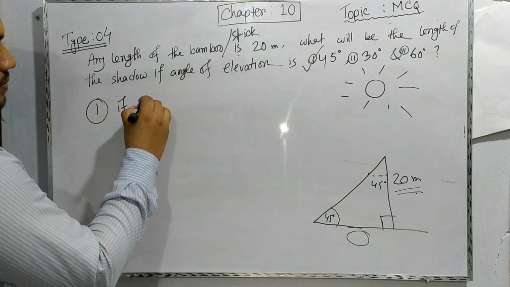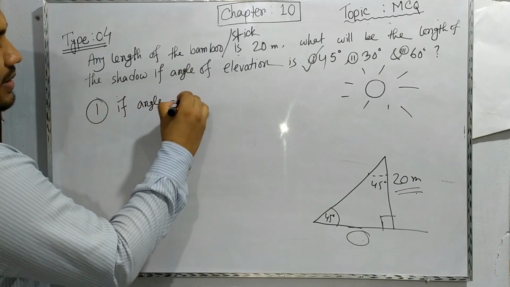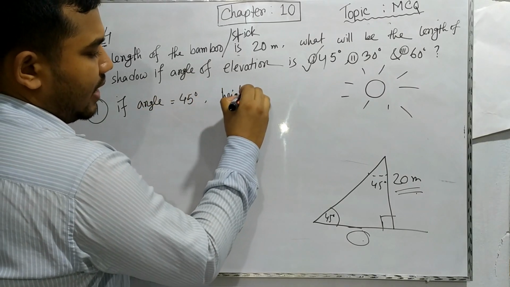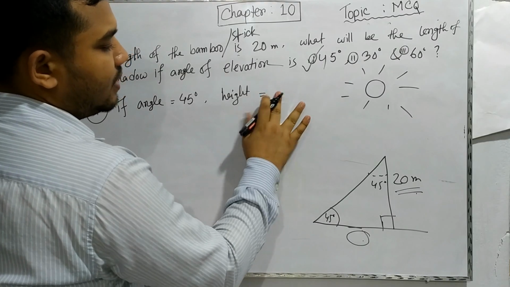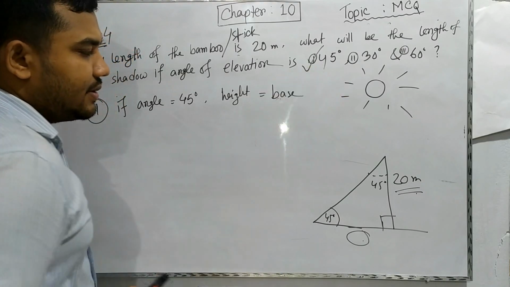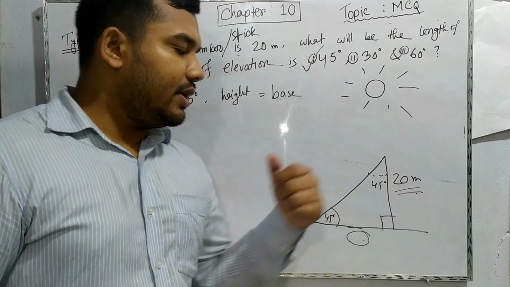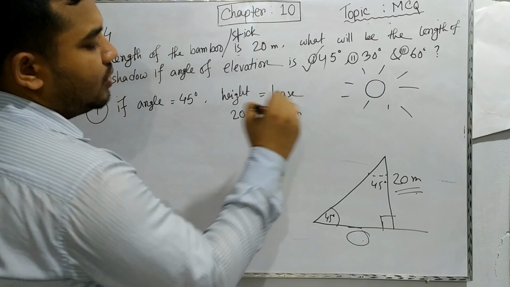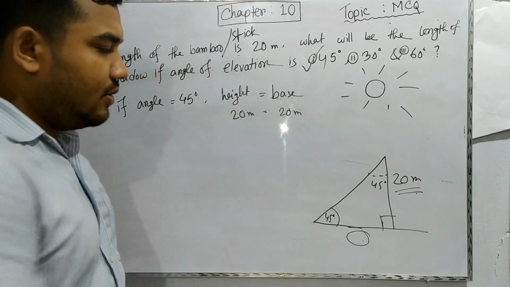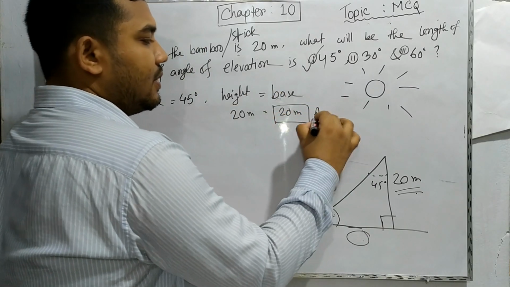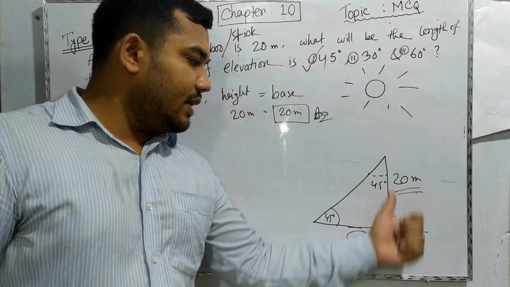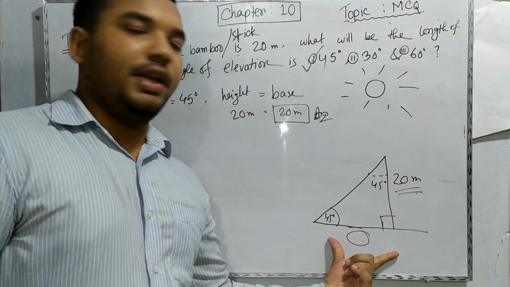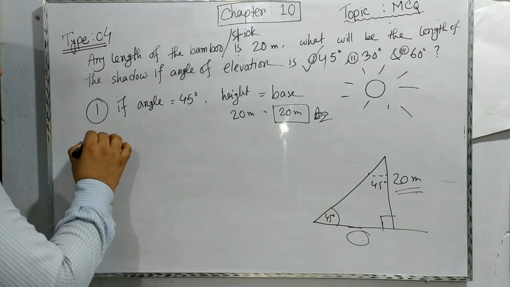Since the height is 20 meter, our base will also be 20 meter. So that is our required answer: the shadow of the bamboo or the stick is 20 meter. That is the first question.